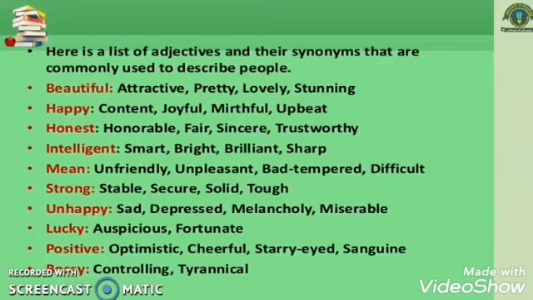It's not necessary that in the same situation we can use the same word. The situation might change, but it will not look odd if we use one word instead of the next. Suppose we are going to use beautiful, then it will not be wrong if instead of beautiful we use attractive, pretty, lovely or stunning.